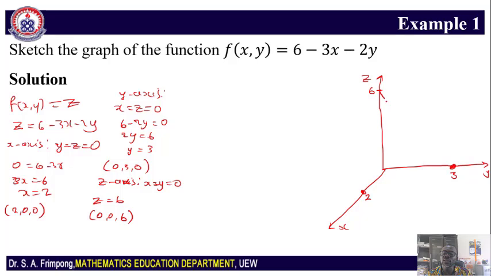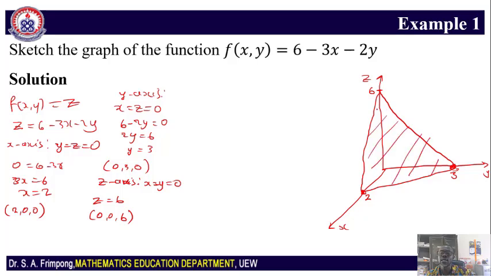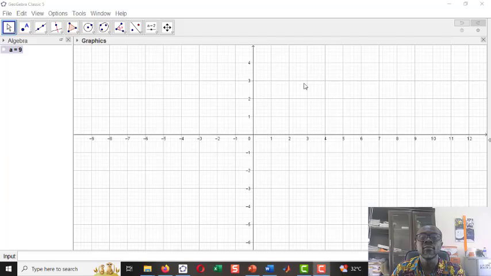So we join these with straight lines. The whole surface here is a plane, and it goes beyond this, because we are sketching manually, so we have limitations. We will look at GeoGebra.